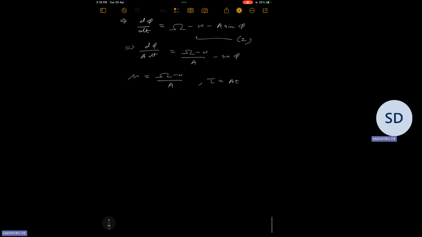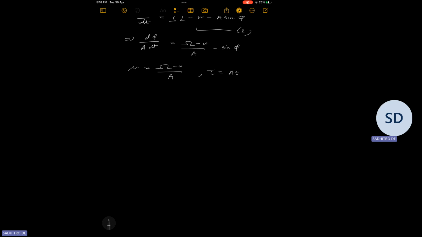So again, when the resetting strength is small, the tau is again small and it can be seen as a relaxation time. So then we have d phi by d tau is equal to mu minus sine phi. So this is the dynamical equation which we must solve.